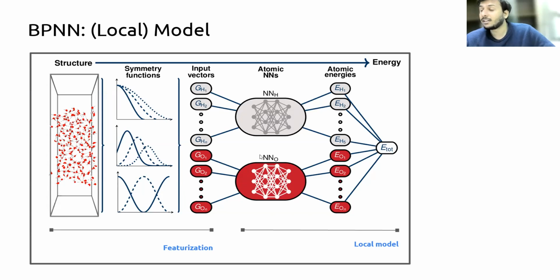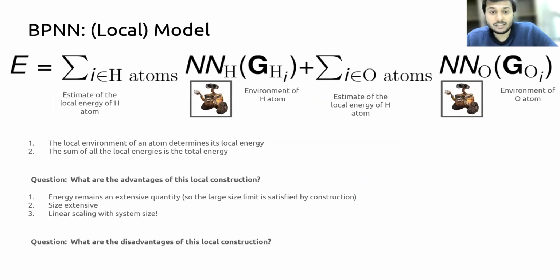Helps with transferability of your model as well, because again, if a protein has an environment, where up to a cutoff, a hydrogen atom only has hydrogen and oxygen atoms, which means it has a water environment around it, you would still be able to use the same model to predict its energy, right? So it kind of helps you with transferability. And then it also allows you to have a linear cost, because the total energy is sum of individual atomic energies, order n. And finally, energy will remain an extensive quantity.